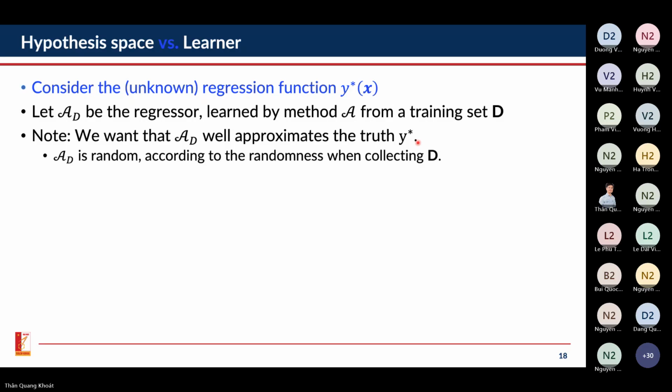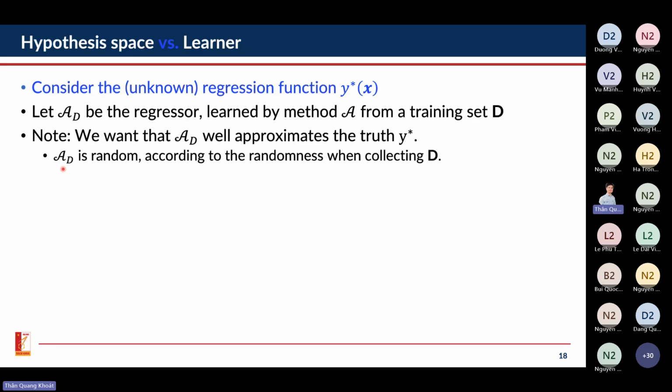However, in practice, the training set can have a lot of uncertainties. For example, different people can produce different training sets, and sometimes the training set can have some noise or errors. So this function can be random.